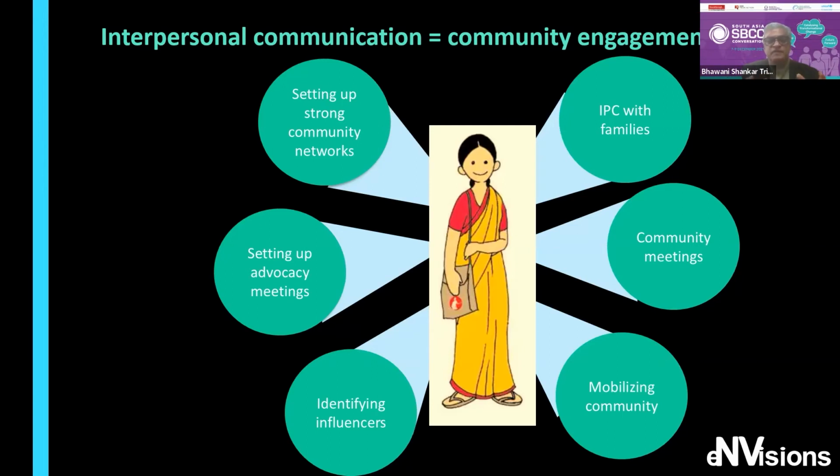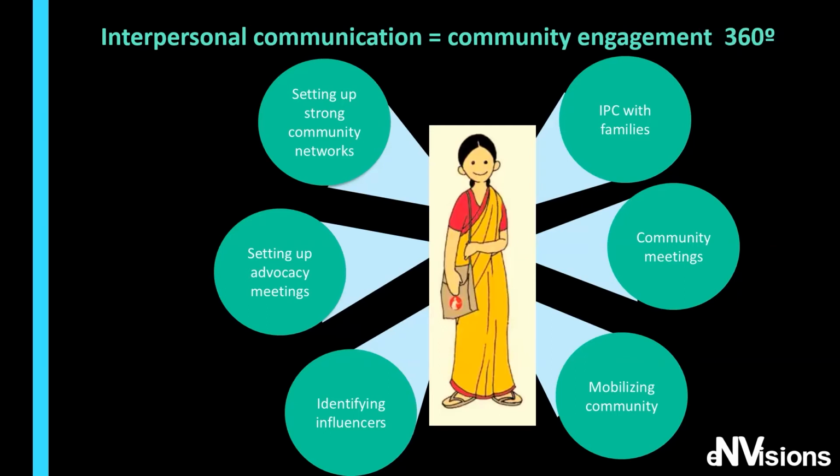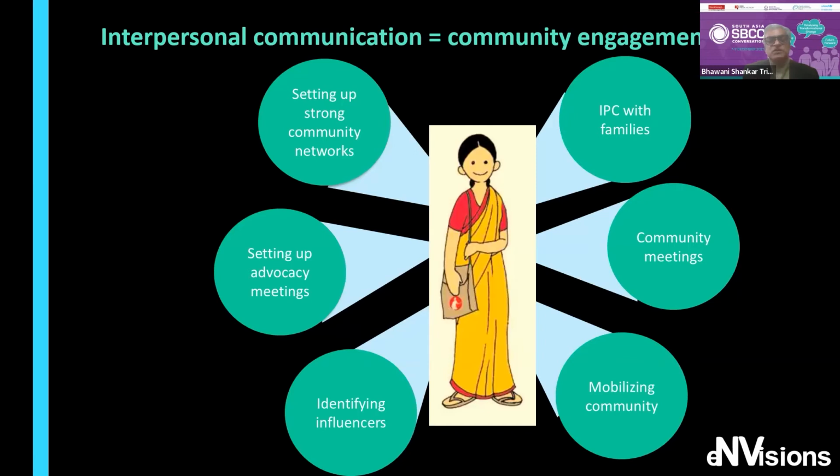The Bridge intervention sought to build the skills of this important community health worker to create a systemic structure for engaging at several levels to create an enabling environment for change.